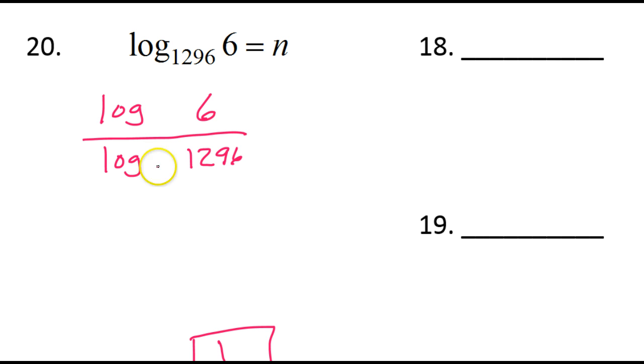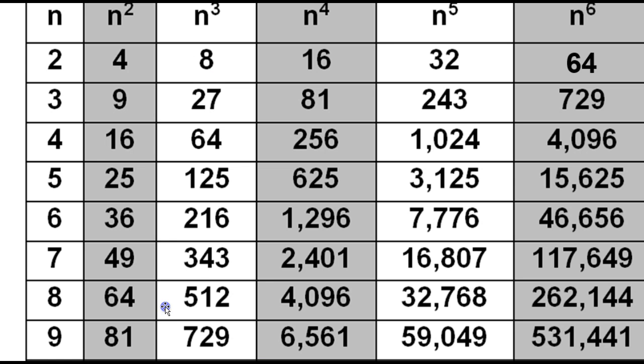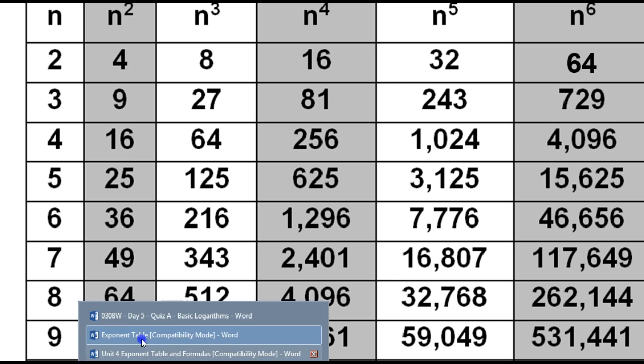Now you can make the base be whatever you want, but you might as well choose the base that they both have in common. So can we find 6 and 1,296 in the same row on this chart? Well, there's 1,296, and there's 6 itself as the base. So both of these can be written as base 6. So that's the base we would use.